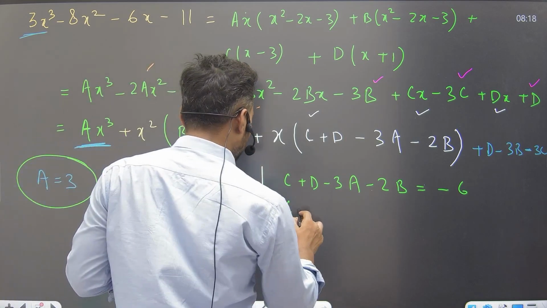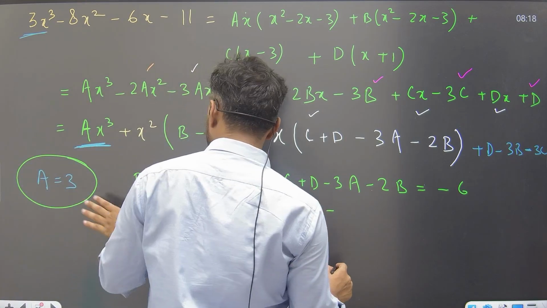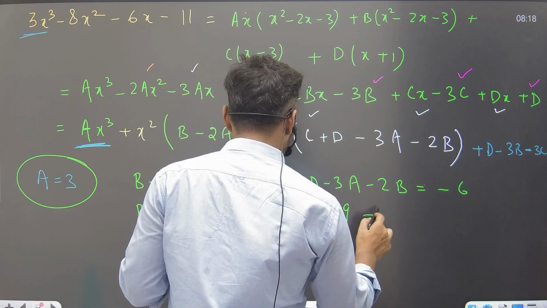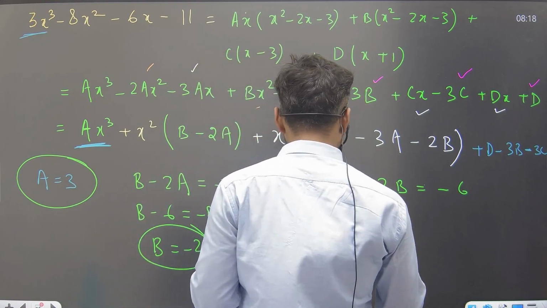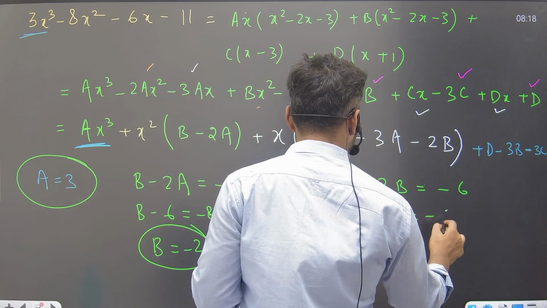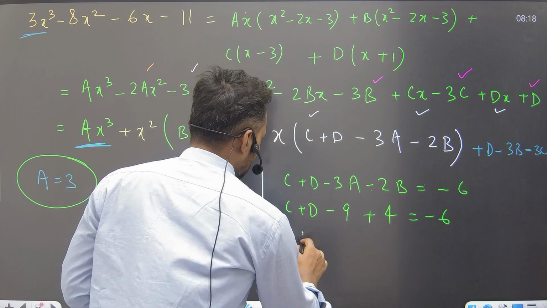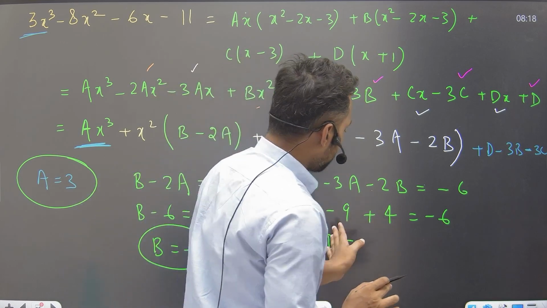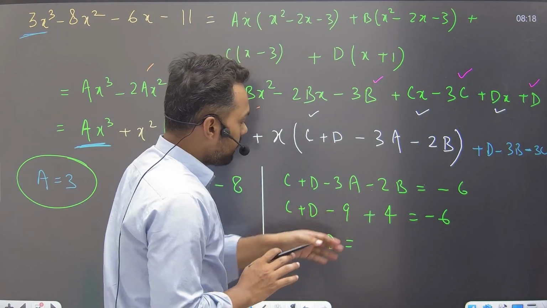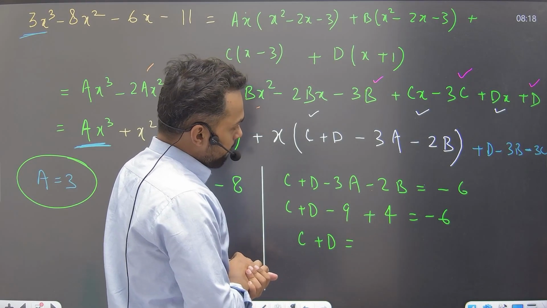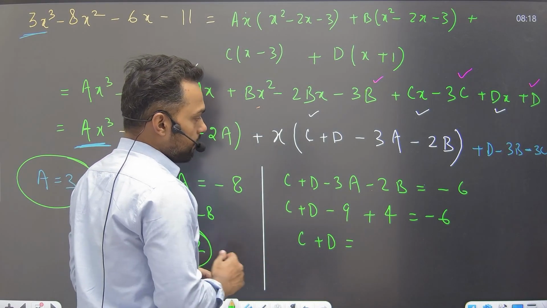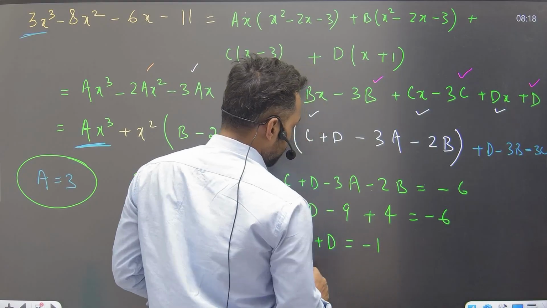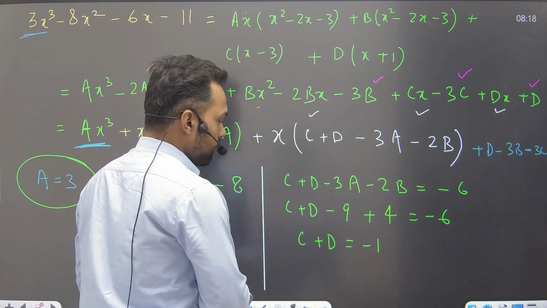So you will get c plus d minus 3a, that is 9, minus 2b, that is plus 4, equals minus 6. So c plus d equals minus 6 plus 5, which is minus 1. So c plus d will be minus 1.